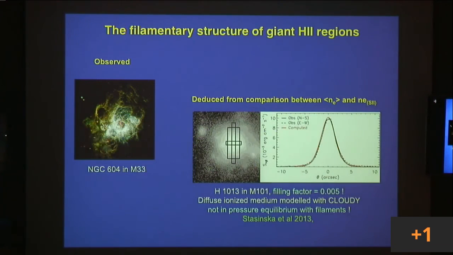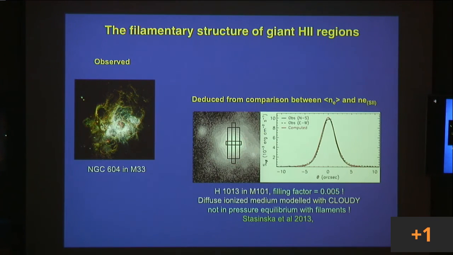Now, another problem is the filamentary structure of giant H2 regions. You have seen all these kind of images. So it's observed, and it's also deduced from comparison between the mean electron density derived from the surface brightness of an H2 region and the density derived from, for example, the S2 line ratio. And for example, in this case, we found that the filling factor was 0.005, very small.